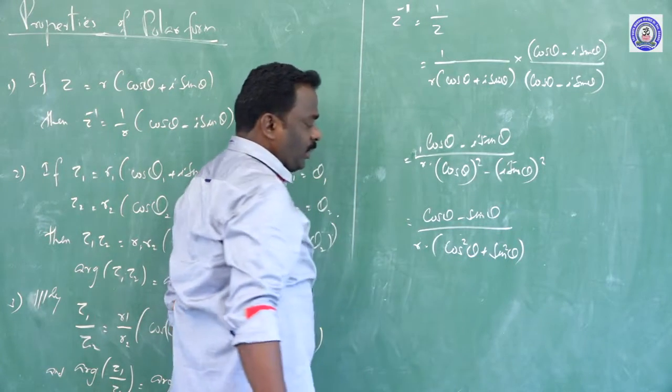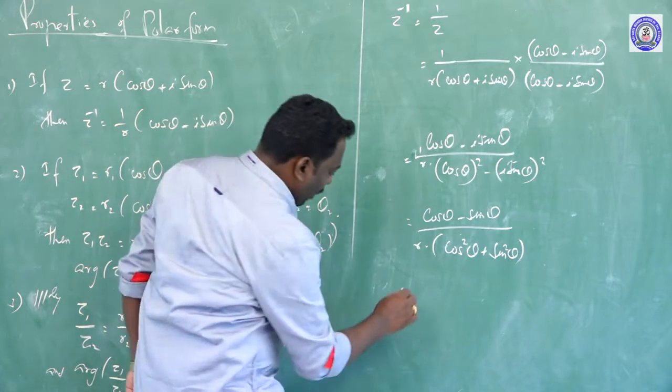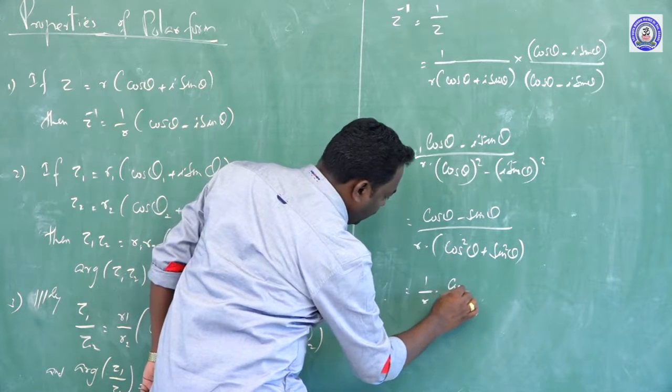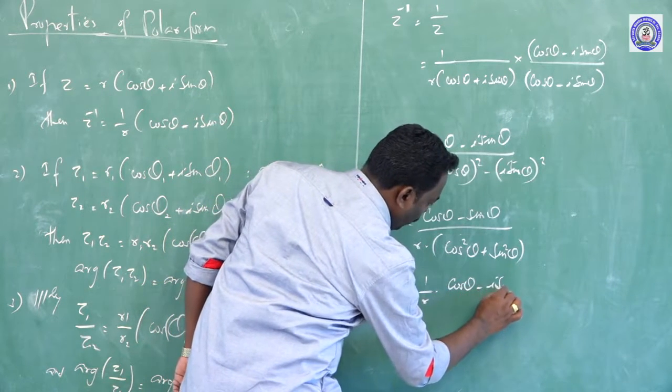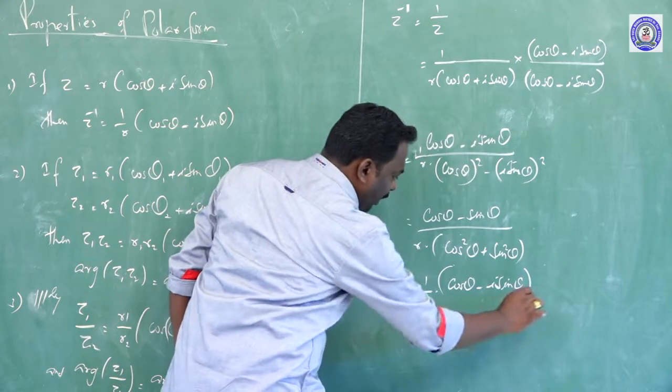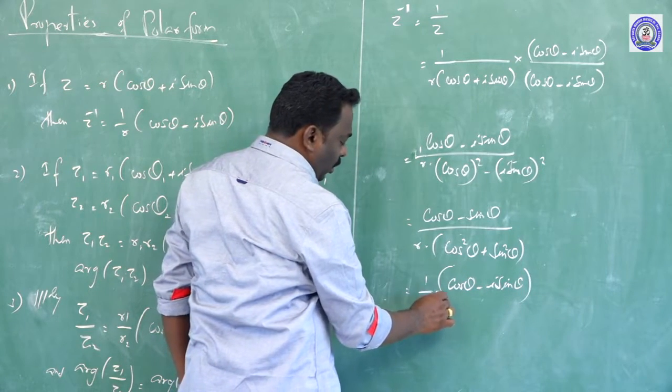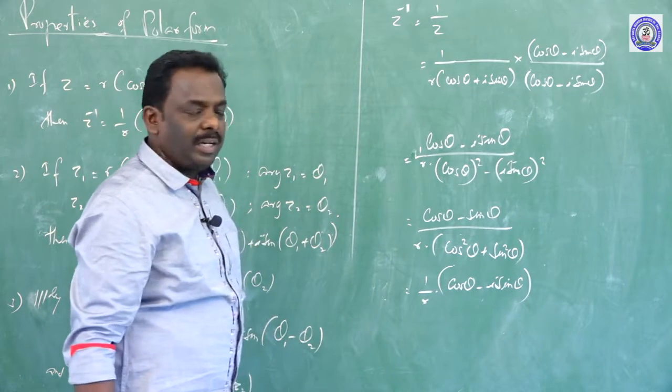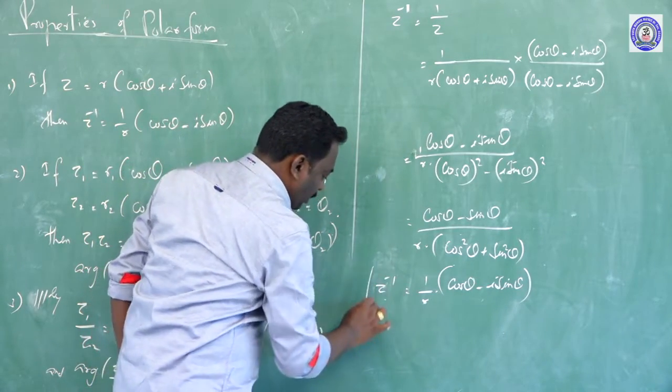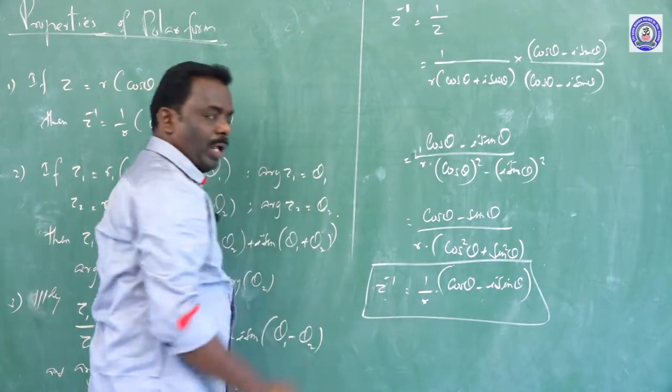Therefore sin square plus cos square is equal to 1. Therefore it is 1 by r into cos theta minus i into sin theta by 1. Therefore 1 by r into cos theta minus i into sin theta is called z inverse. That is one of the properties of polar form.